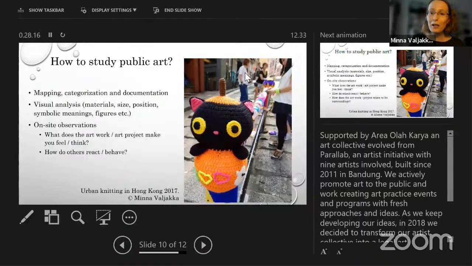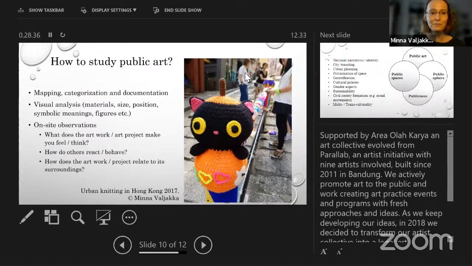The problem with public art is that a lot of people don't even look at it because we take it for granted. So do people look at the artwork? Do they stop? Do they admire? Do they take photos? This is very important about the research, how people behave. And of course, how does the artwork or the art project relate to its surroundings?